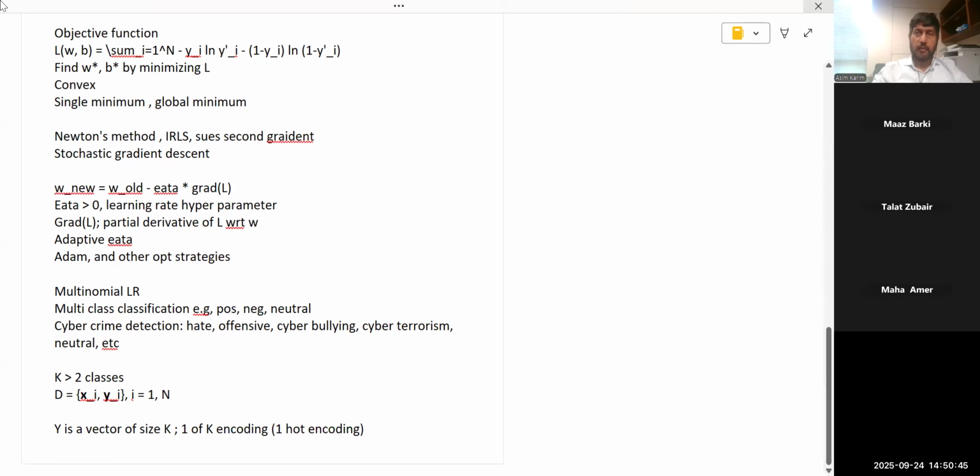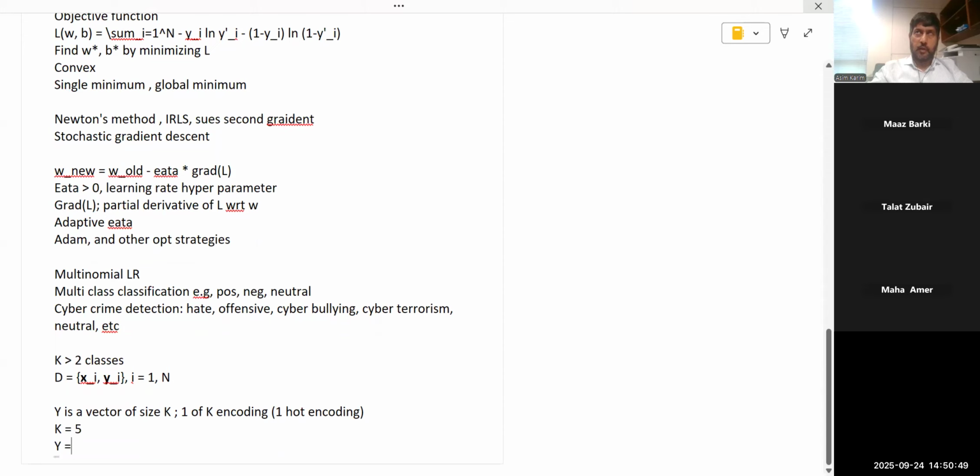What is the idea here? Let's say हमारे पास 5 classes हैं, k is equal to 5. So let's say you have a vector y is equal to 1, 0, 0, 0, 0. So this basically is class 1. Because पहली पोजीशन पे 1 था, बाकी सारी पोजीशन पे 0 थे. Similarly, another 0, 0, 1, 0, 0.